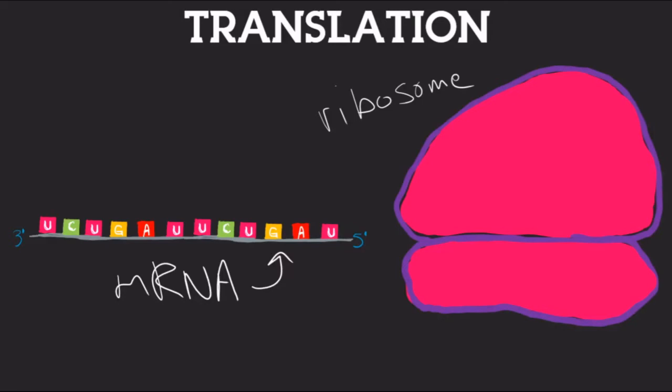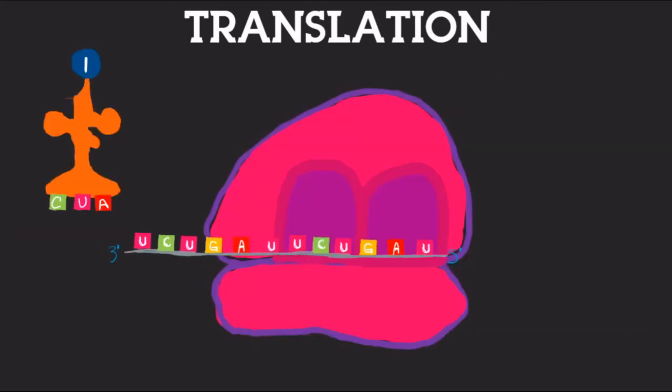You'll notice it has two subunits, kind of this top larger one and the bottom smaller one. I have already drawn them connected together, which is not technically how they should be. They're actually separate. They will come and join together and attach to this messenger RNA, as it looks here.